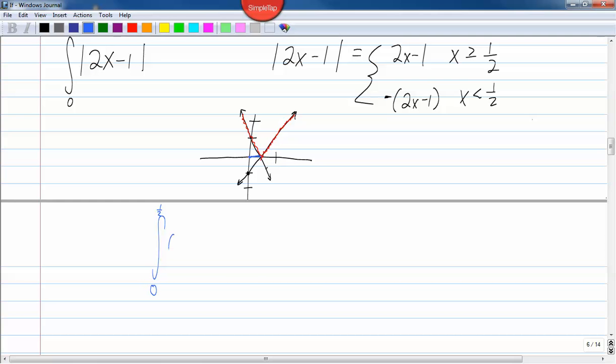That's the negative of 2x plus 1, or 2x minus 1, plus, what function is this right here? This is the positive of the function. And that's from 1/2 to where? To 2.